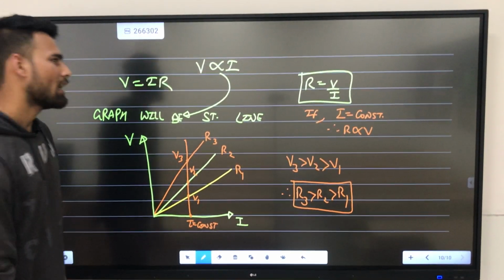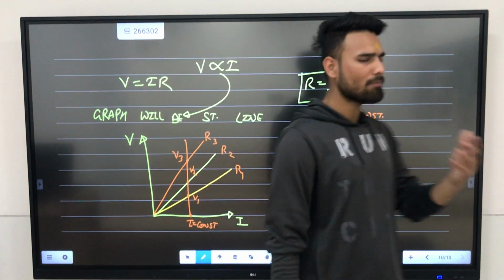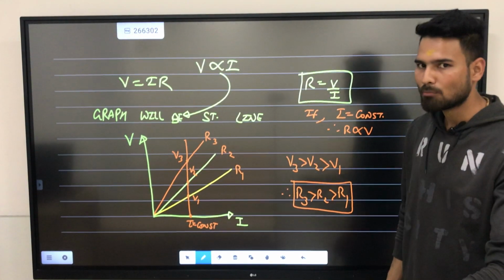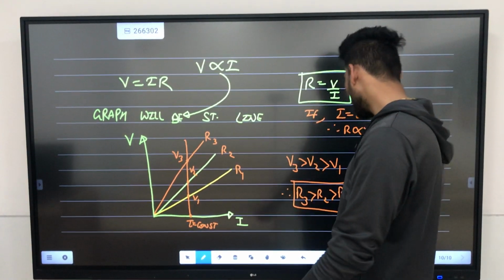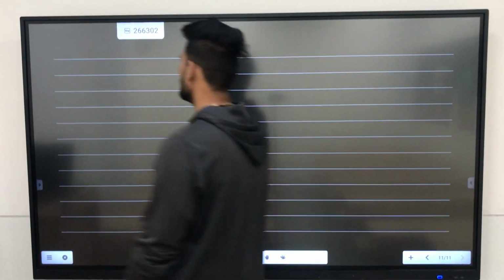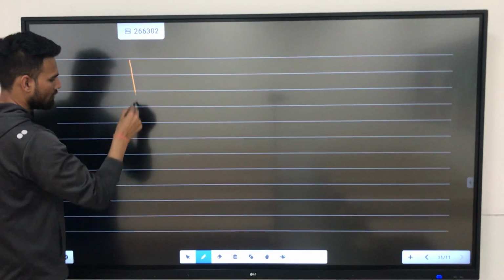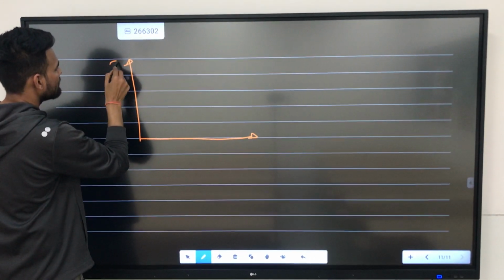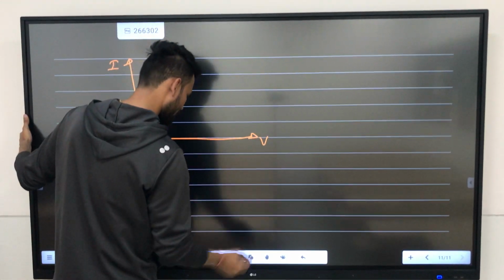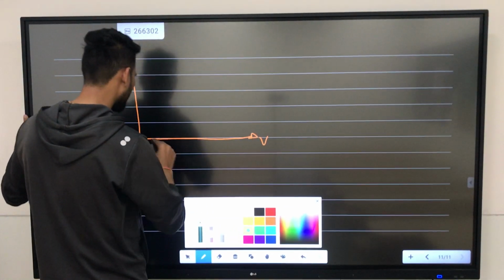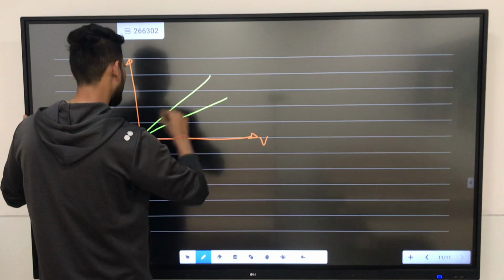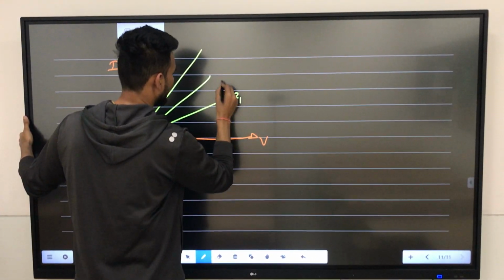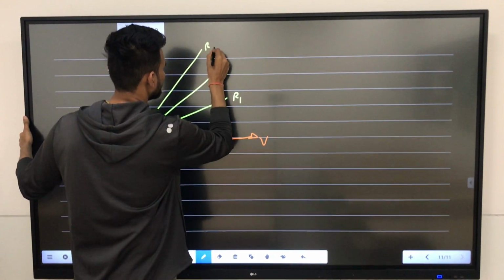Okay. So if the graph is not given as a VI graph, but is provided as an IV graph, what will happen in that particular case? Let us see. If it is given as an IV graph, again we have three particular graphs, R1, R2, R3.